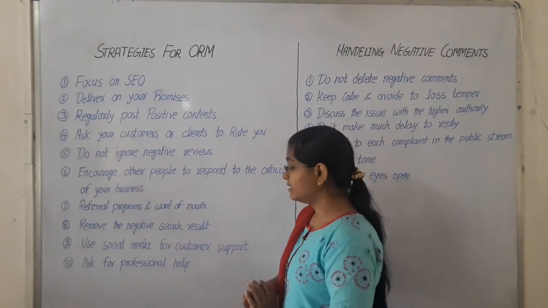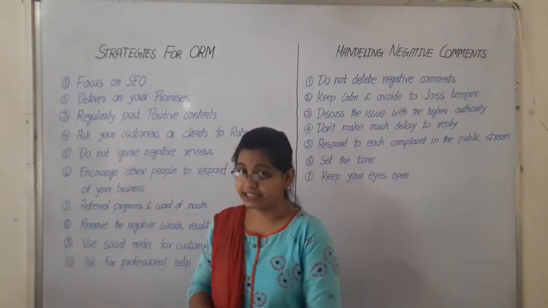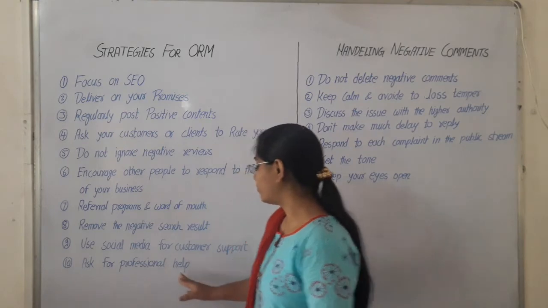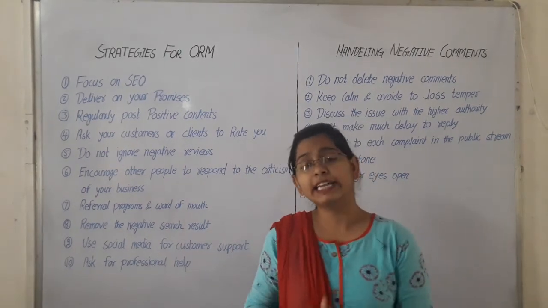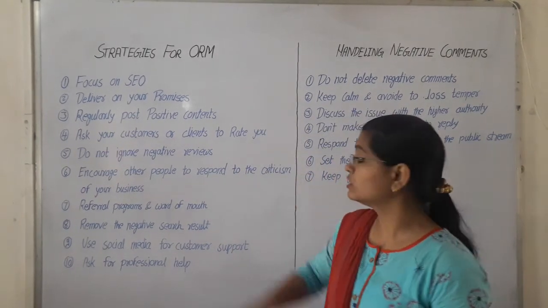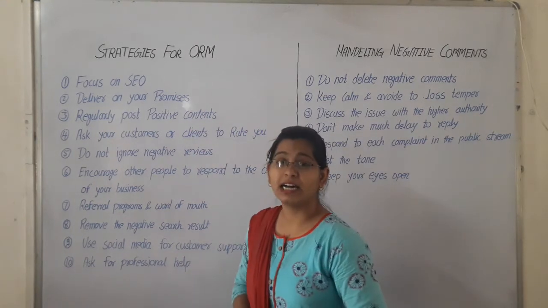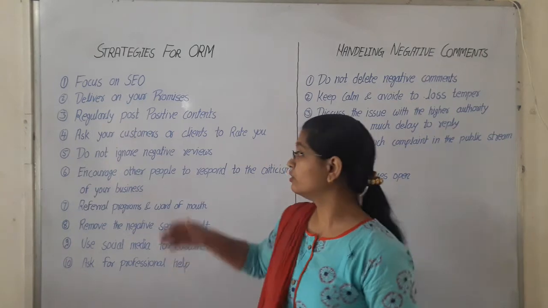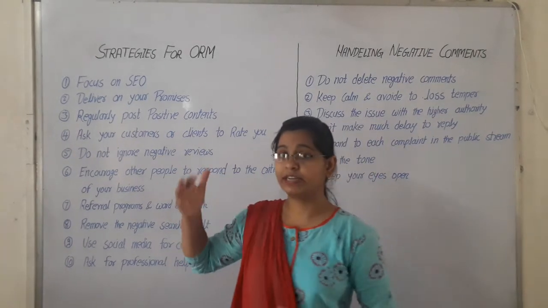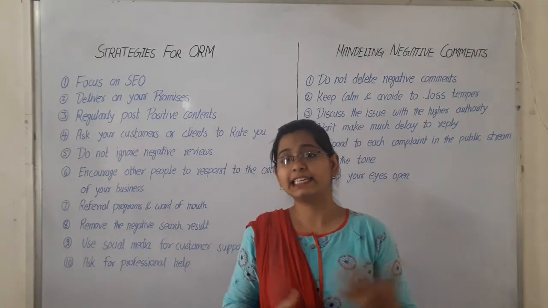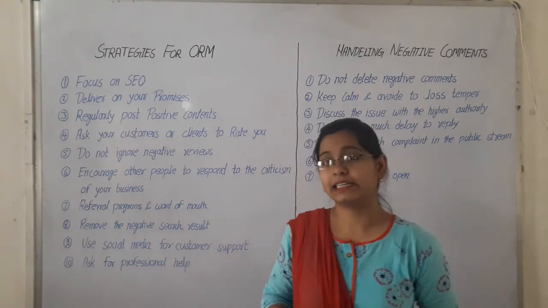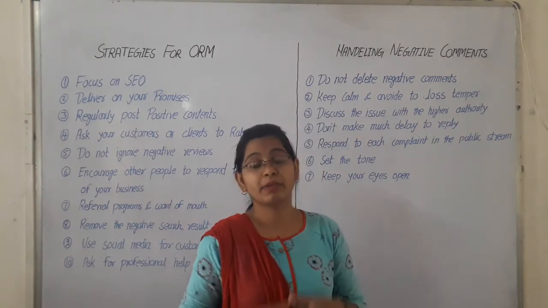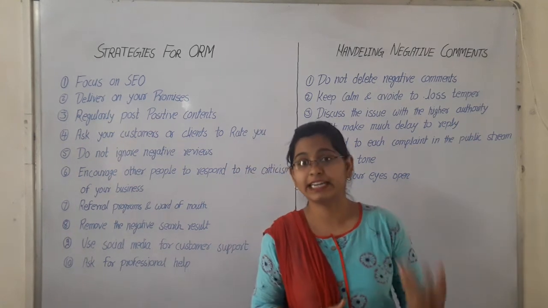The next and last strategy for online reputation management is to ask for professional help. It is observed that all these strategies are easy to hear. If you understand whatever I said, you feel that yes, these are very practical, I can do it. But when you actually try to perform all this, it becomes very critical.